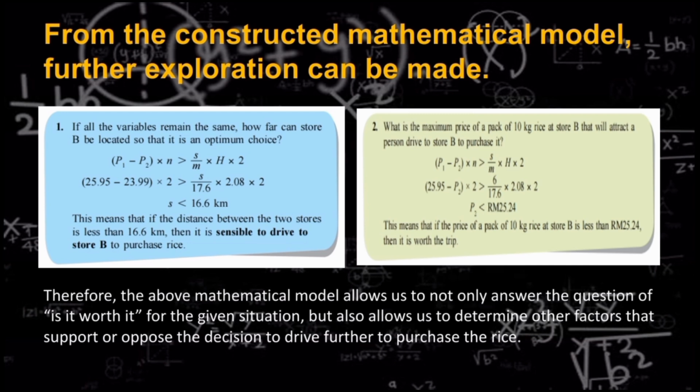This means that if the price of a pack of 10 kg rice at store B is less than Rm25.24, then it is worth the trip. Therefore, the above mathematical model allows us to not only answer the question of whether it is worth it for the given situation, but also allows us to determine other factors that support or oppose the decision to drive further to purchase the rice.